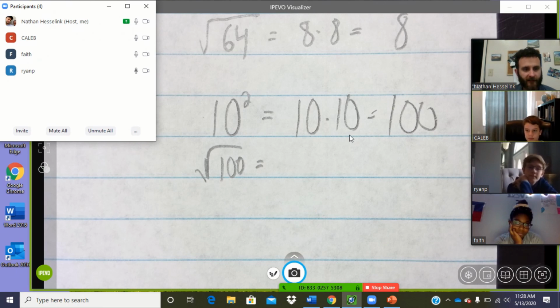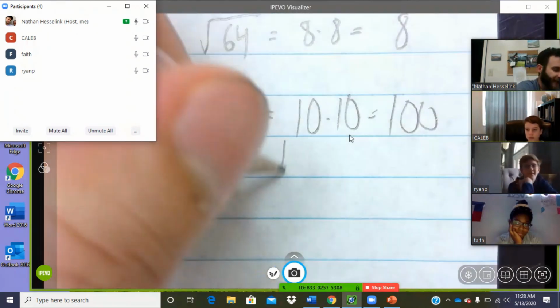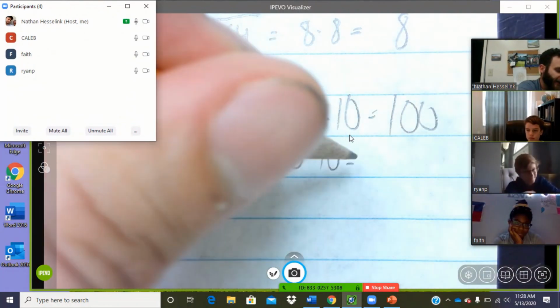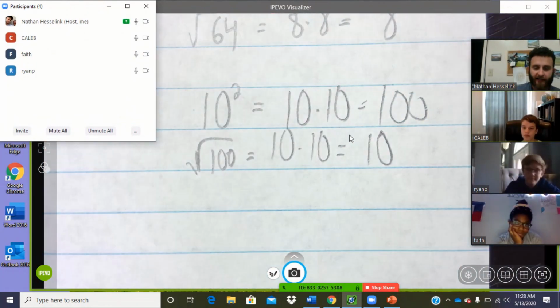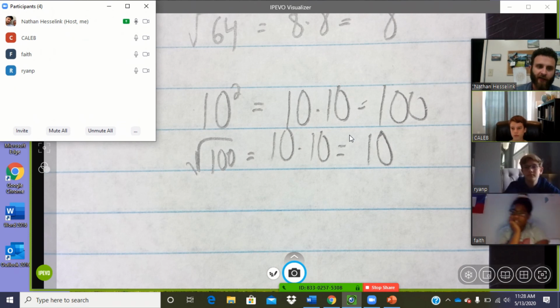Ten? 10. Yeah, because 10 times 10 is 100, so the square root of 100 is 10. You're looking for that duplicate number, so that's what square root means.